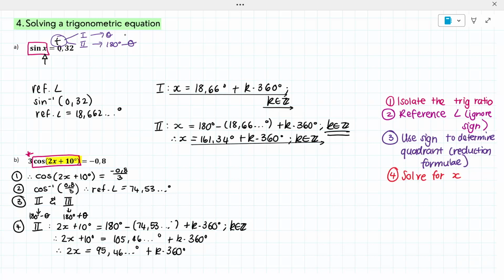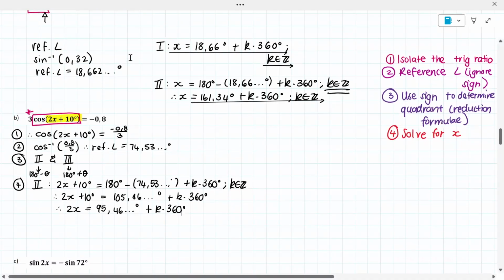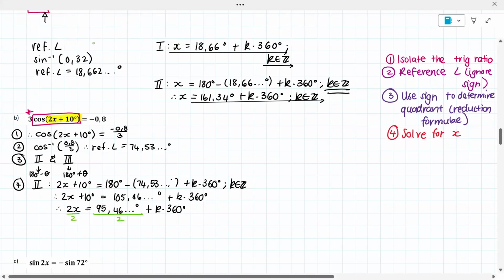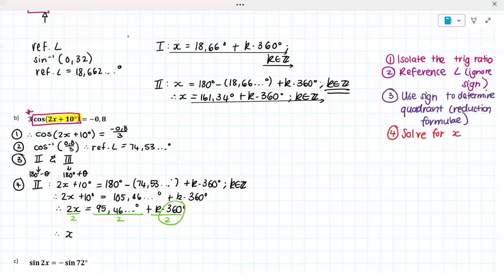And now this is where things are really important, grade 12s. In order to get rid of this coefficient of 2, you have to divide every single term by 2. And so that means that this k times 360 becomes k times 180. So x is equal to 47,73 plus k times 180, where k is an integer, and you've solved for x.